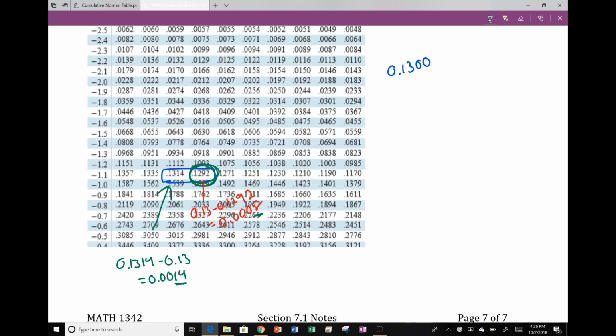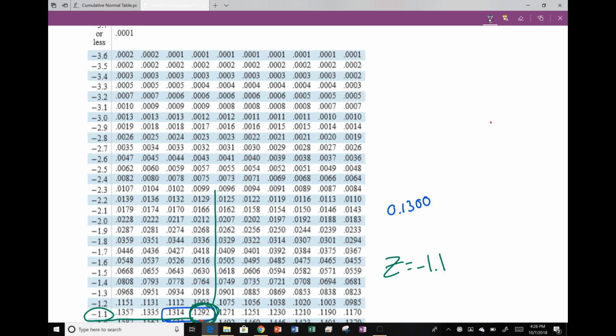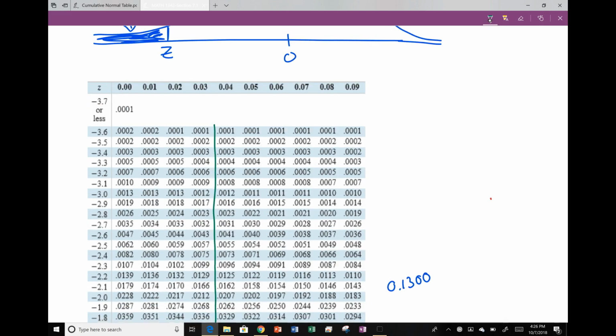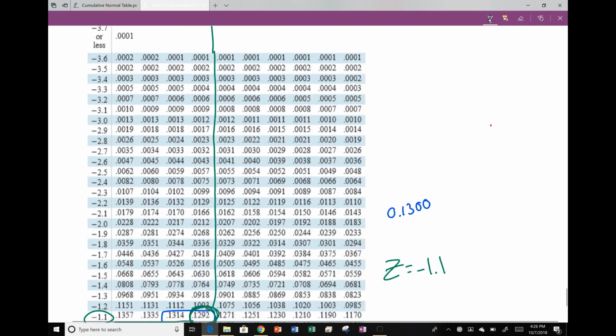Okay? Again, we can't get exactly. So the z that corresponds to this, I have to follow it over, negative 1.1, and then I have to follow it up to get my hundredths position. And I've got to keep following it up. Let me get it here. There we go. 3.